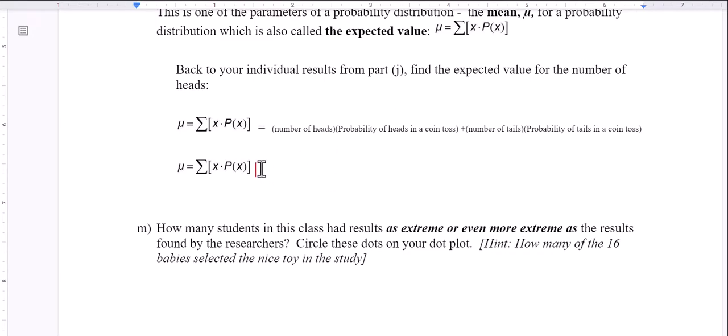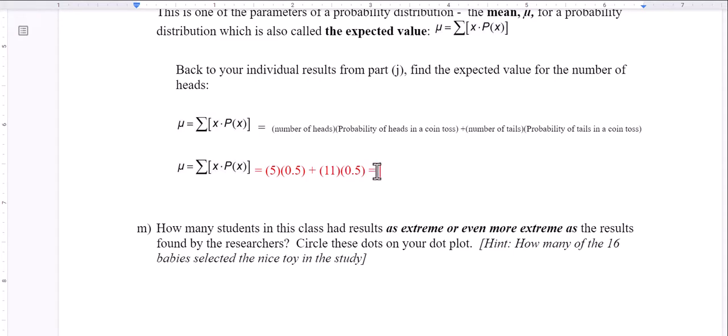Now I'm going to do it for my own results. So I had 5, that is the number of heads that I got, times the probability of heads in a coin toss, which is 0.5, plus the number of tails, 11, times the probability of tails in a coin toss, which is 0.5.